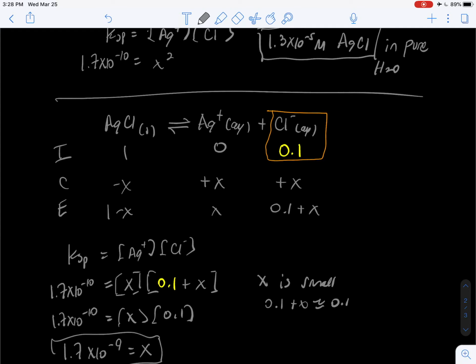And if you compare these, you can see how this value here is quite a bit less than this value here. Okay? So the solubility of this silver chloride is diminished quite a bit. Okay, so that's our answer. The question is, what is the silver ion concentration? It'd be 1.7 times 10 to the minus 9th molar.